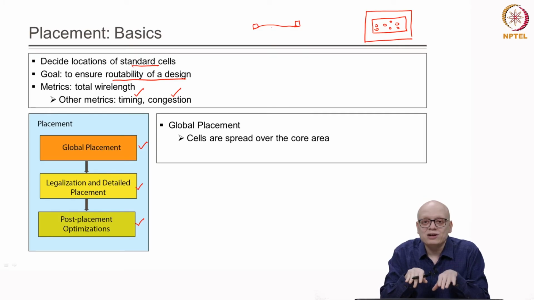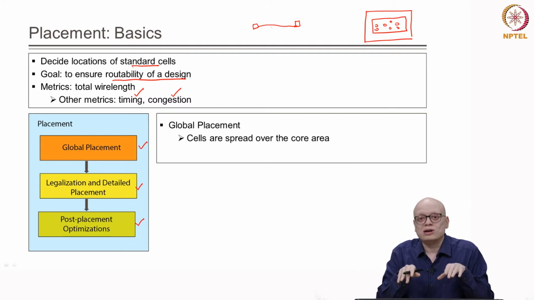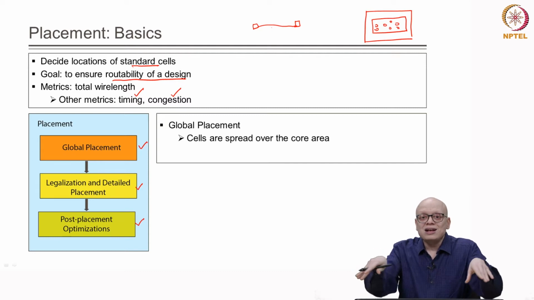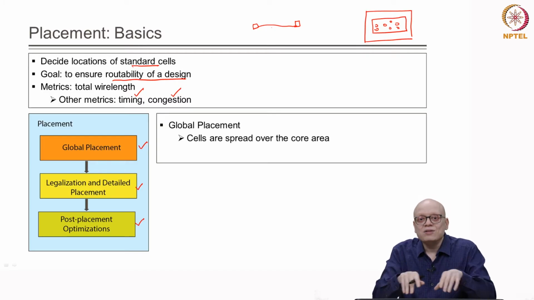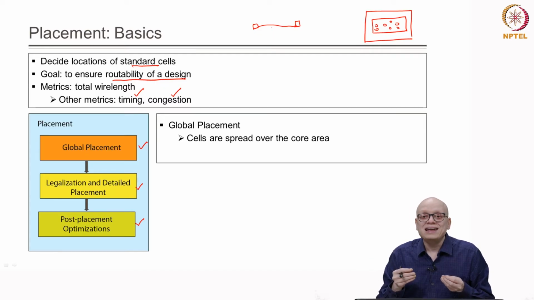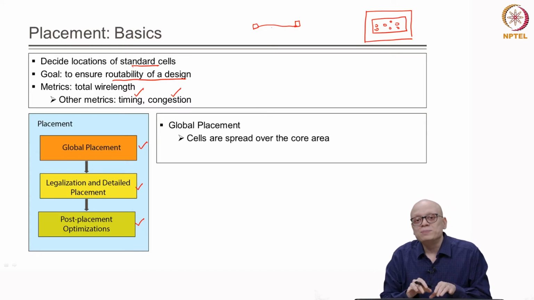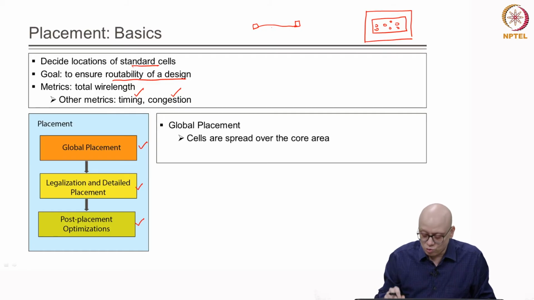Wherever those are not already utilized, for example, for power lines or other signals, that is available for the routing. So, routing resource is fairly well distributed over the layout, right. And if we place cells well distributed over the layout, then routing resources become easily utilizable, and that is the motivation of the global placement to spread the cells evenly over the core area.